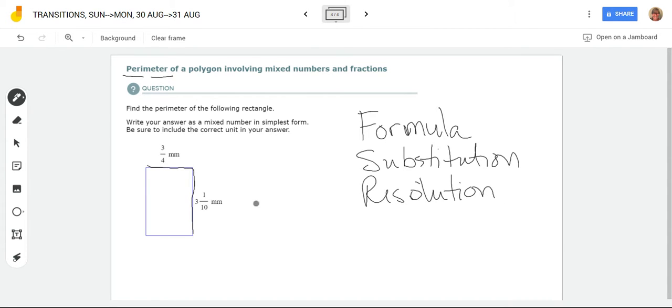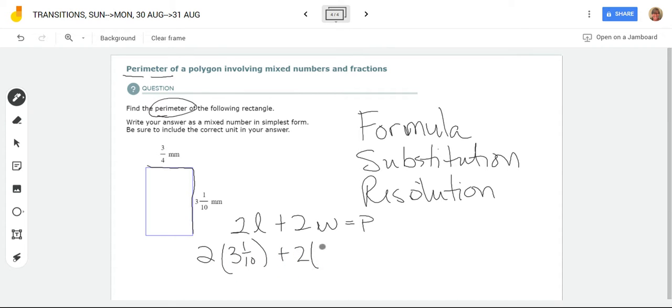So the formula for perimeter is 2 times the length plus 2 times the width equals perimeter. And that's what it's asking you, perimeter. So 2 times the length, plug it in. I'm going to plug in 3 1/10. 2 times the width is equal to the perimeter.